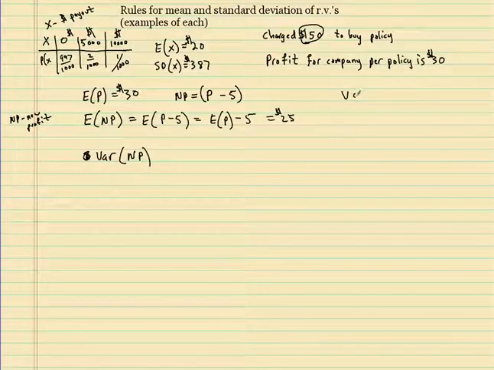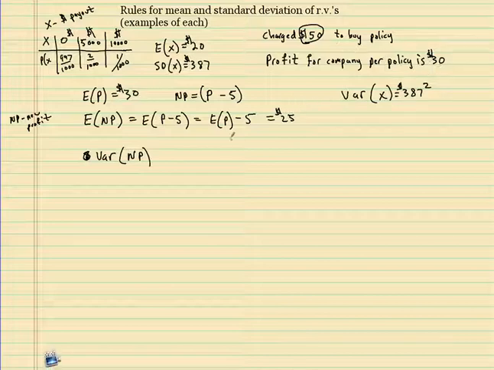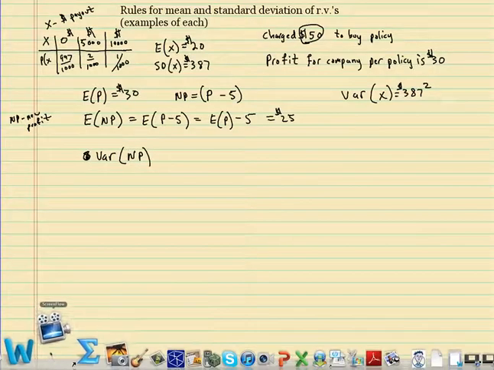let me write the variance of, this is 387 squared. This would just be all in money. The variance isn't really affected by all this stuff here. So let me get rid of this.